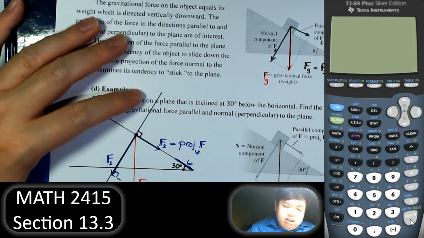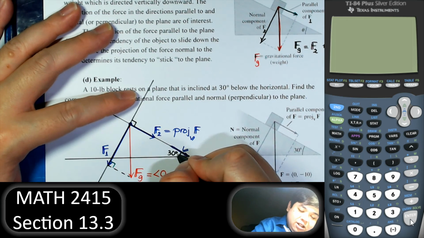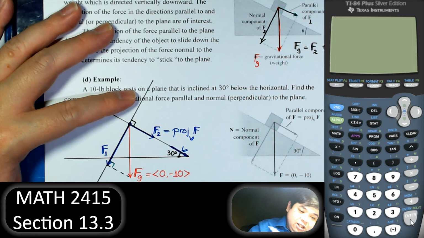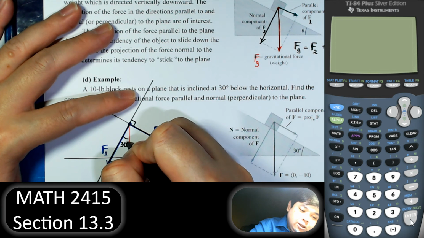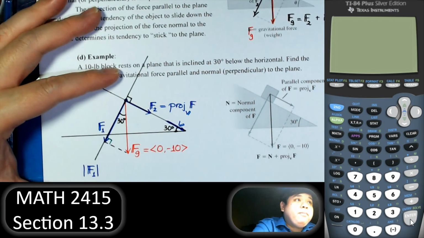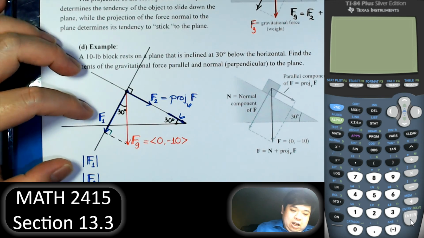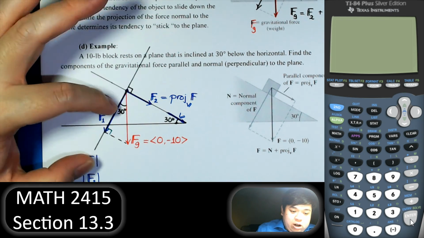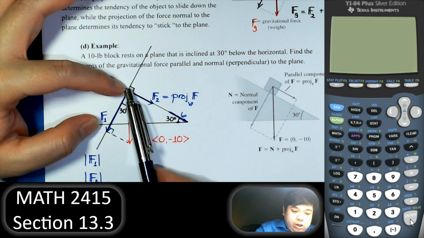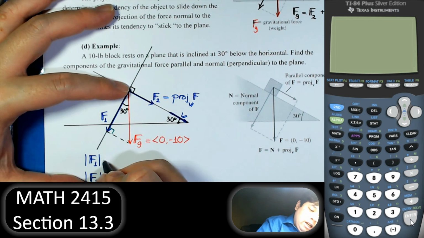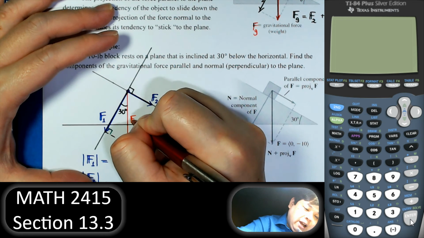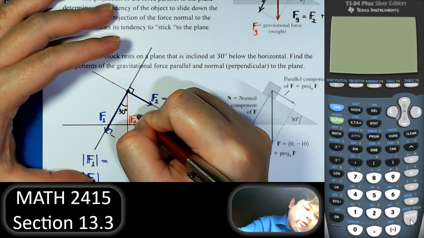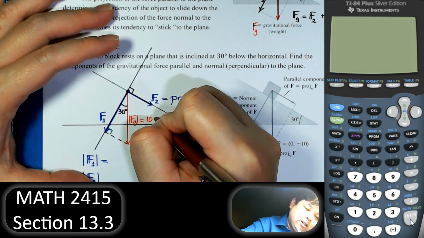But even easier, if this is 30 degrees, this is also 30 degrees. So the magnitude of the vector F1 is adjacent to 30 degrees, and the gravitational force is 10 pounds.